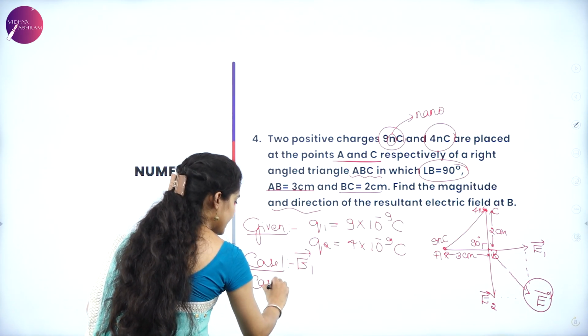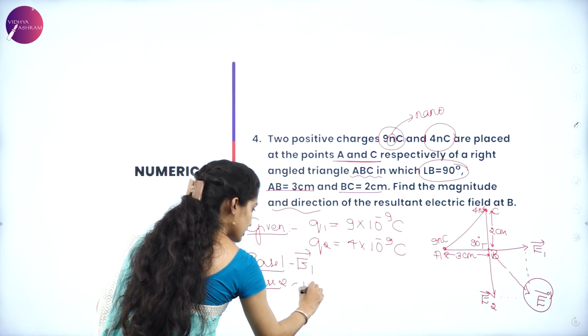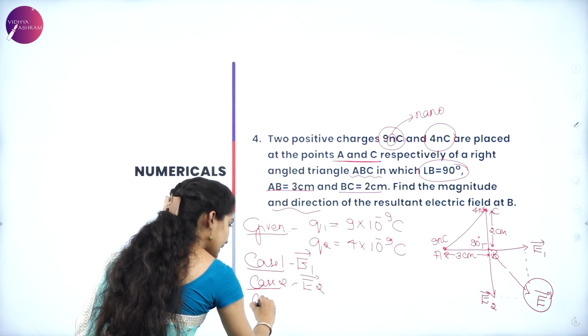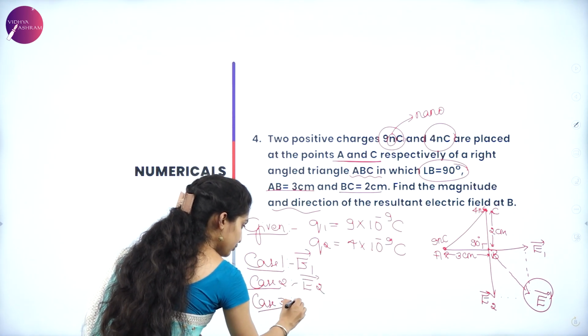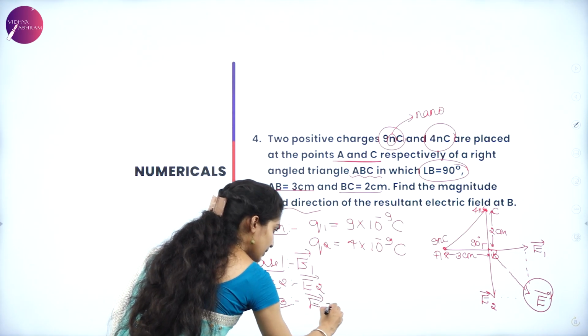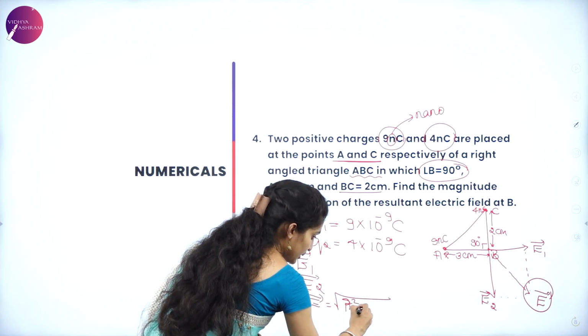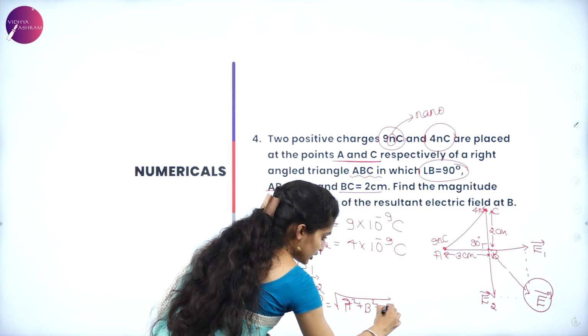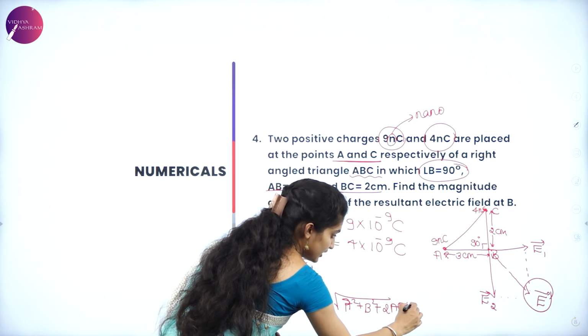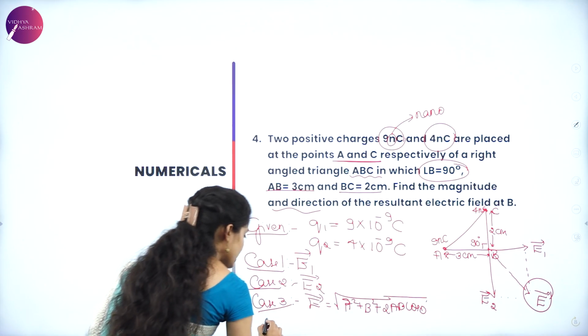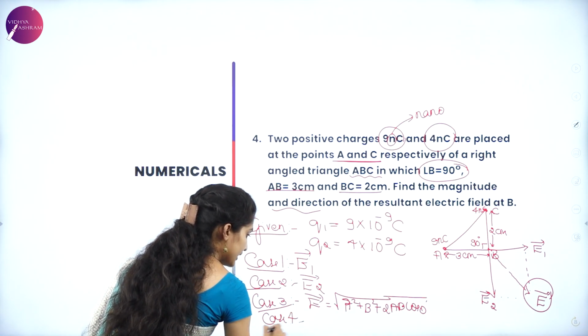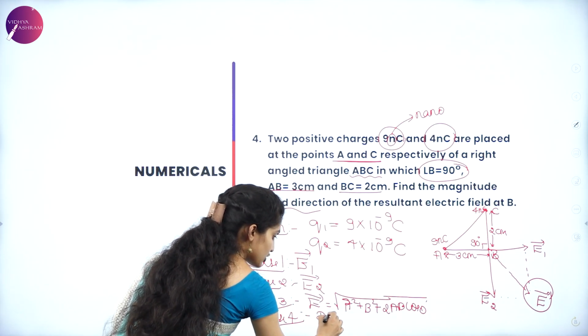Case 2, let us identify the electric field E2. Case 3, let us identify the total electric field by using the root of a square plus b square plus 2ab cos theta equation. And case 4, let us identify the direction.